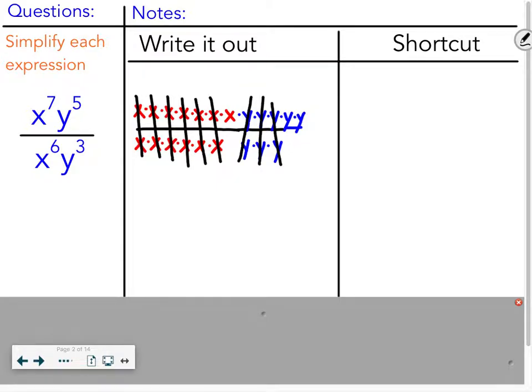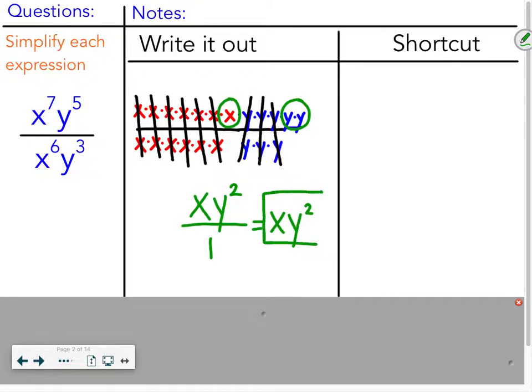So what I am left with is an x on the top and then 2 y's on the top. So that would be x, y squared. If I have nothing left on the bottom, I can just put a 1. So really xy squared is my answer. If there's nothing left on the bottom, put a 1, which really what you got for the top is your solution.